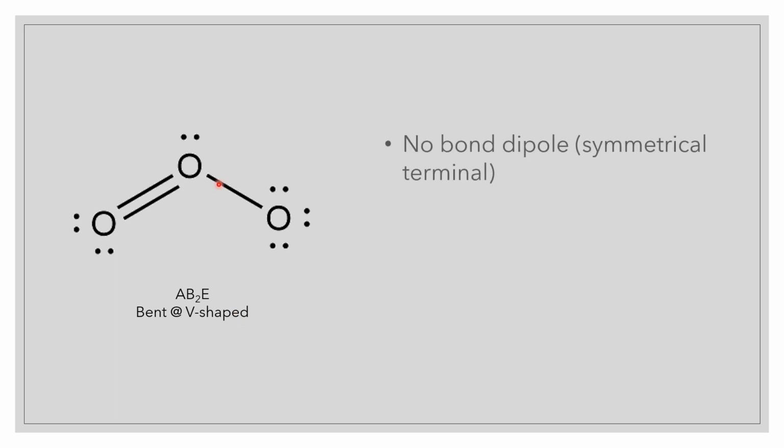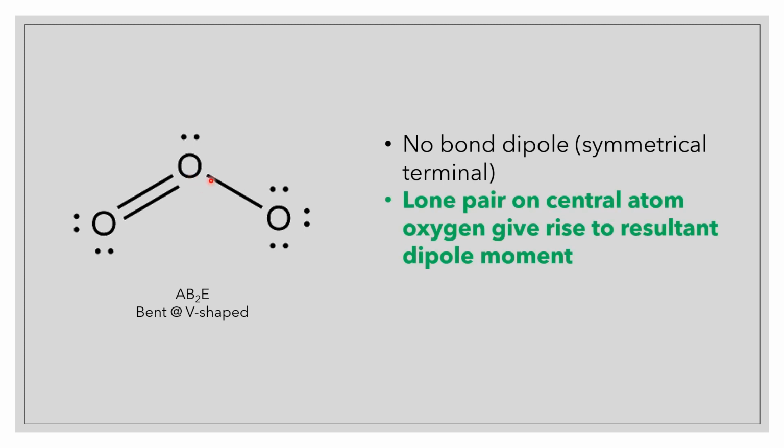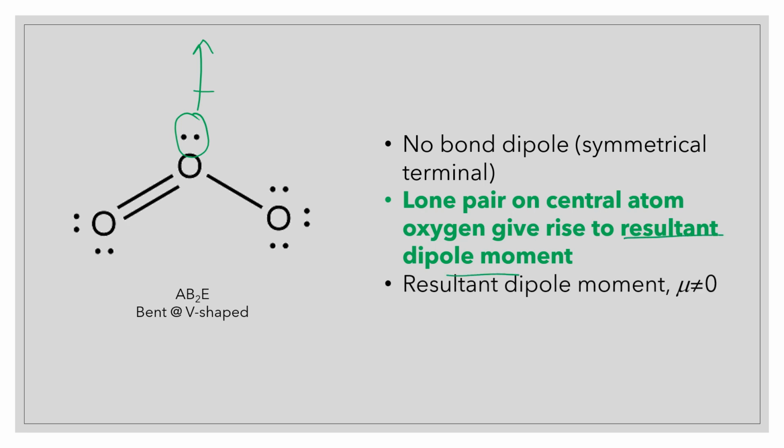So here, of course, we will have no bond dipole, because these 2 atoms are symmetrical. And then we have lone pair on the central atom over here. So with the presence of this lone pair, this will give rise to the resultant dipole moment. So this will cause resultant dipole moment not equals to 0. So this molecule will be polar molecule.